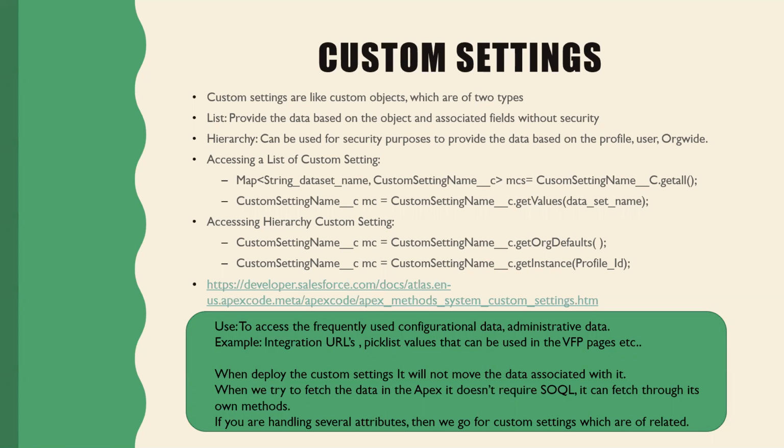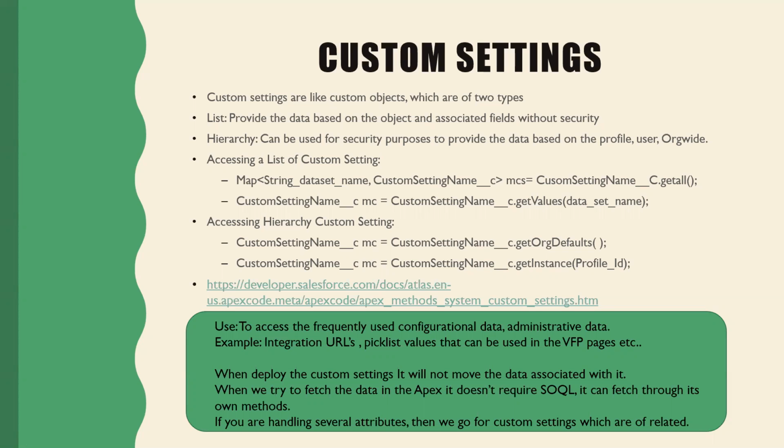A standard picklist usually holds a single value, like 1, 2, 3. But if I want one complete string, a complete address, like US or India, how can you do that? Through these custom settings. That is a big advantage.